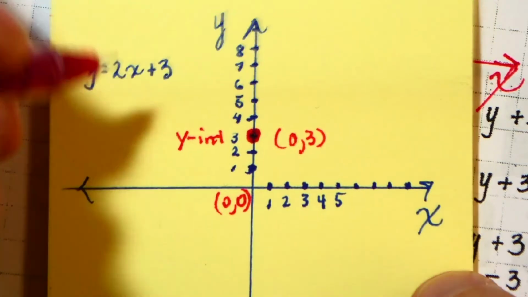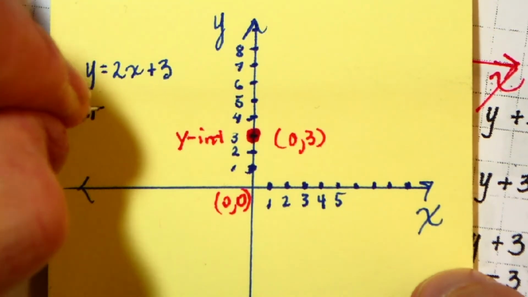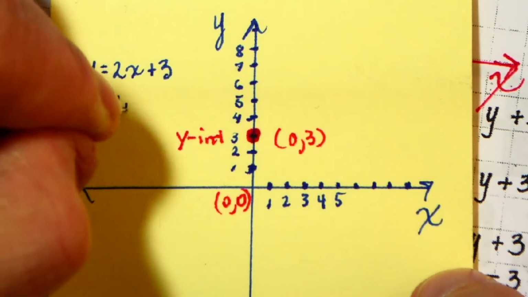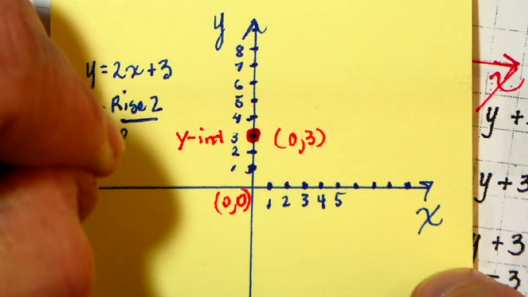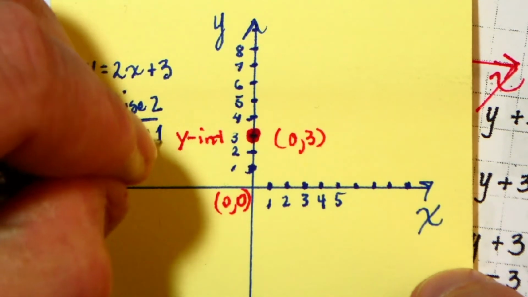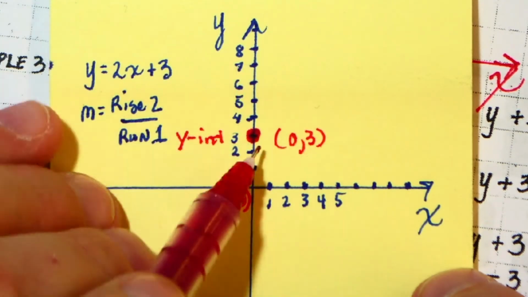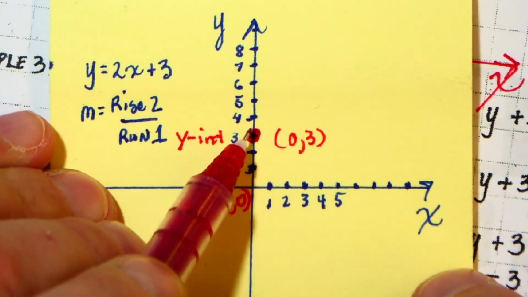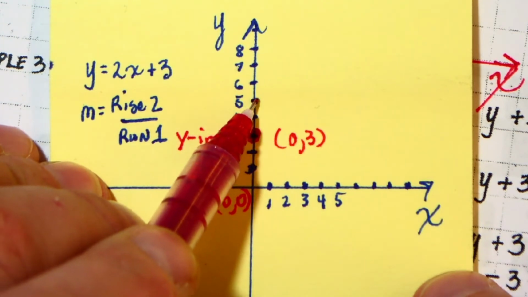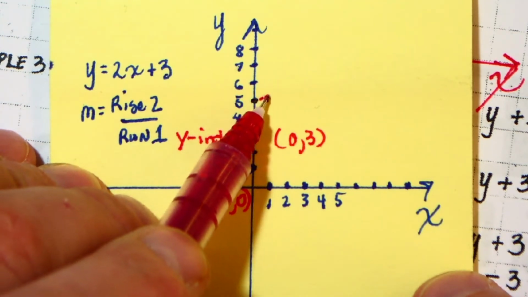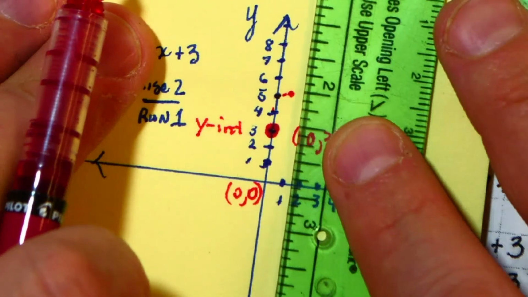Now you told me that the slope, m, was 2. And that was a rise of 2 and a run of 1. That means you put your pen on that dot right there, and you rise up 2, 1, 2, and you run to the right 1. And if you're not sure where to put it, you can even use your protractor.